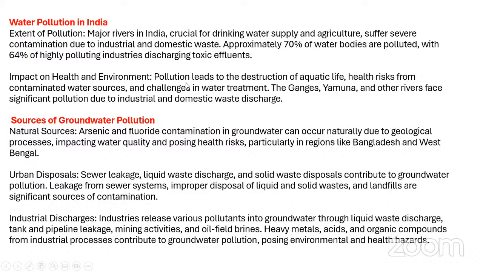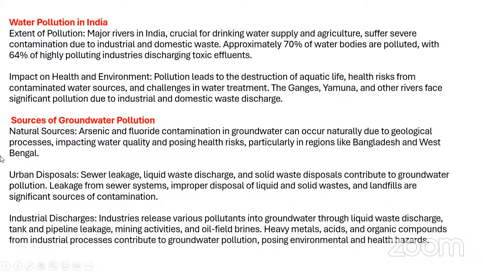So try to remember and write these sentences. Approximately 70% of water bodies in India are polluted, with 64% of highly polluting industries discharging toxic effluents. And the major polluted rivers are the Ganga, Yamuna, and Brahmaputra, affected by domestic and industrial waste discharge through improper disposal systems.